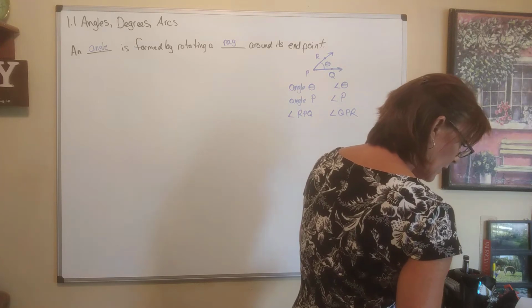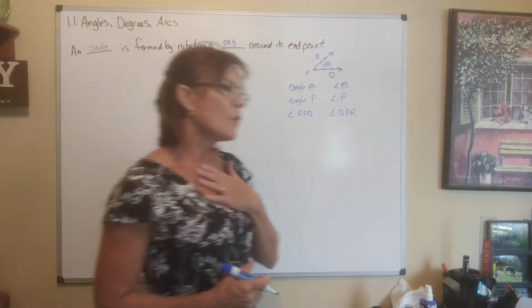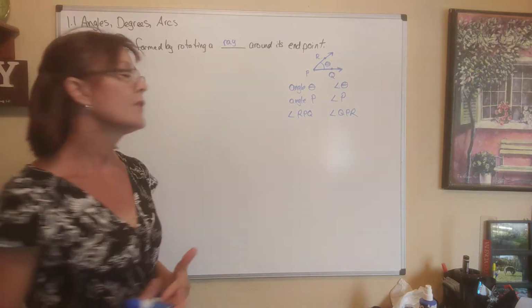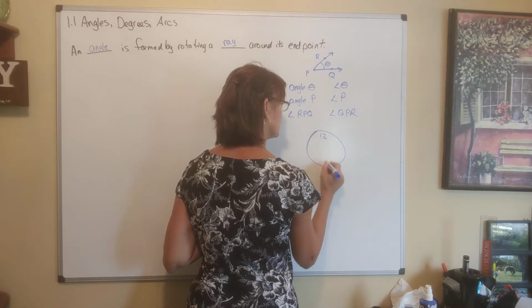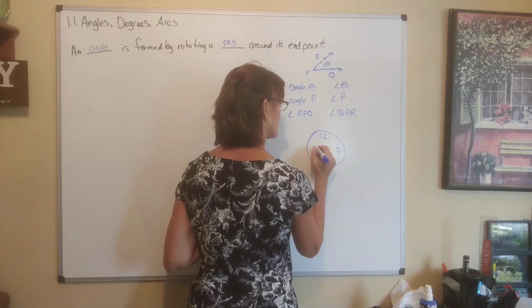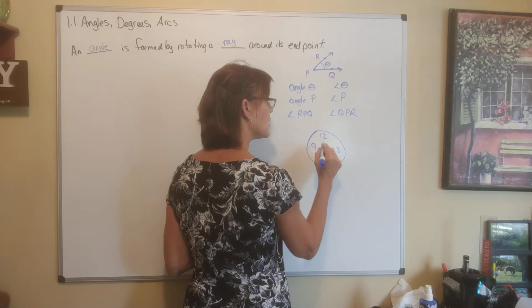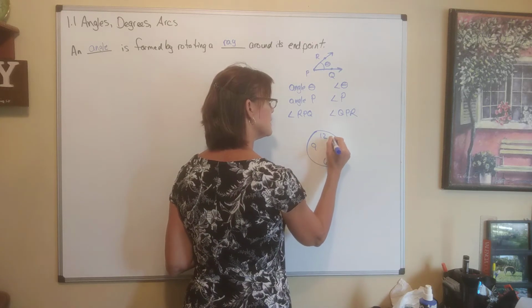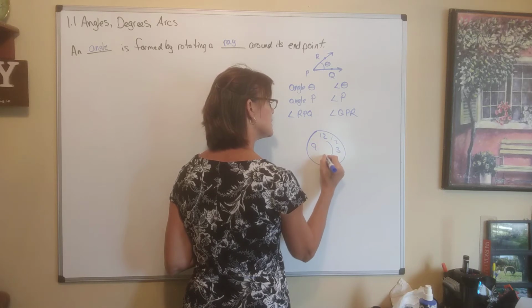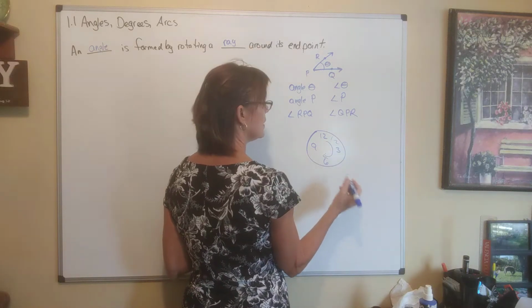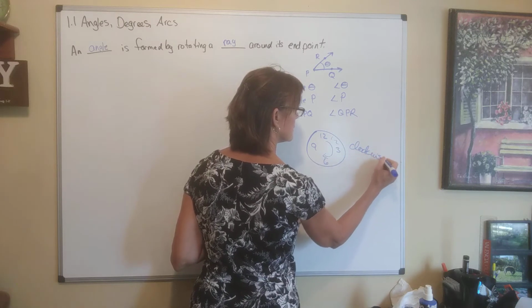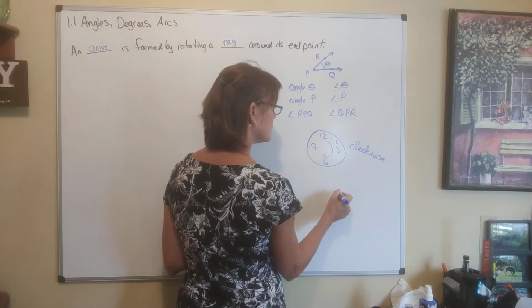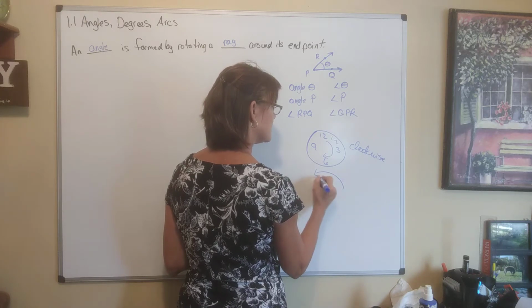It's important to know whether an angle is positive or negative. And so if you think of a clock, clockwise is 1, 2. This is clockwise, right? Clockwise. And so counterclockwise would be rotating it the opposite way.